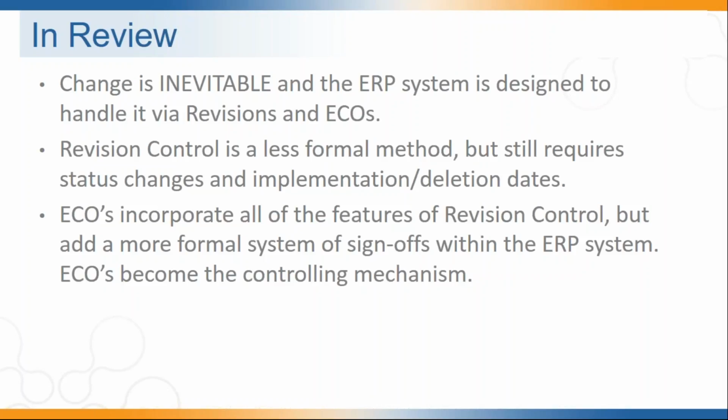We learned that revision control is a less formal method, but still requires status changes from pending and release to implemented, along with dates that those status changes take effect. Engineering change orders incorporate all of the features of revision control, but they add that more formal system sign-off area within the ERP system. So engineering change orders become the controlling mechanism.